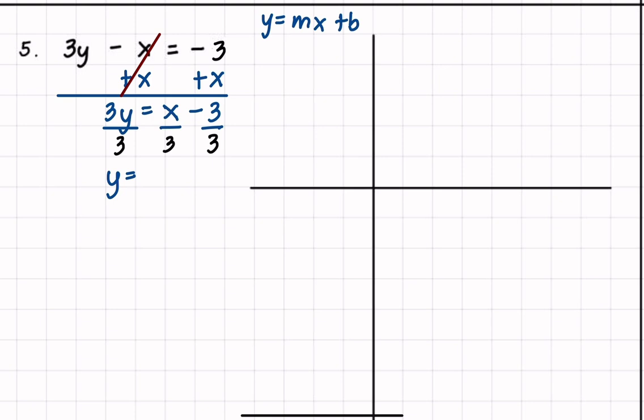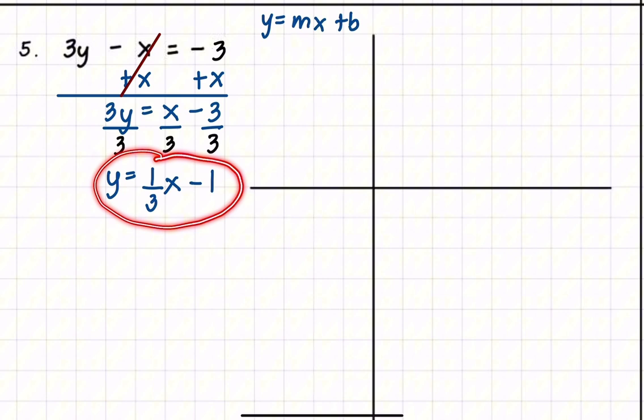No. But since you don't see any number beside x, it's automatically 1. So we have 1 over 3x. And then for this one, negative 3 divided by 3 will result to negative 1. So we write minus 1. Now, is this in the form of y is equal to mx plus b?